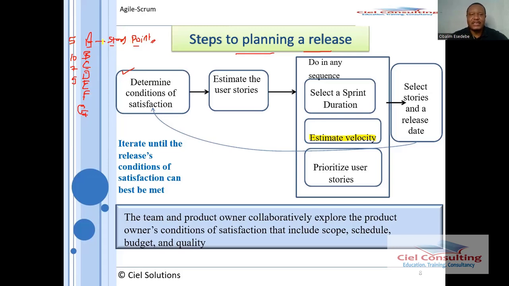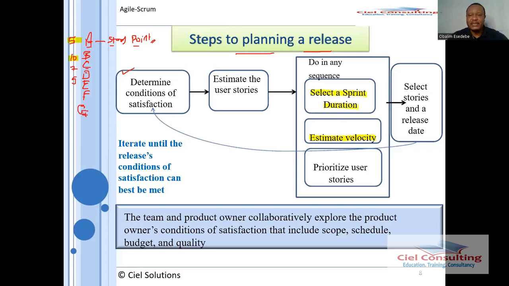So if this team, for example, wants to implement this project, they might do user story A, which is 5, user story B, which is 10, and that's the 15 in this case. So they will not go beyond this. So that's essentially what we refer to as the velocity. So you determine the velocity of the team. In essence, you determine how much work the team can implement within a sprint. That's what we refer to as the velocity.